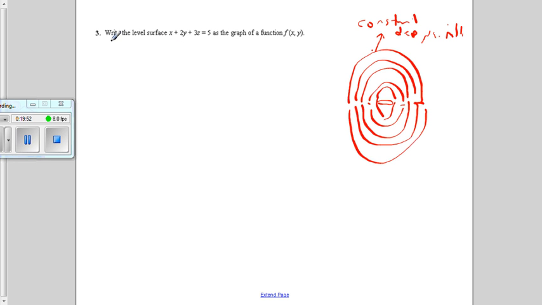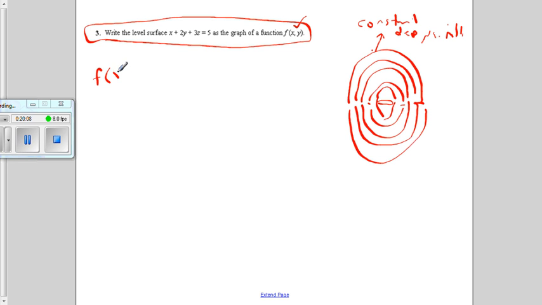All right, well, let's just go down to a simplified problem. It says write this level surface as the graph of a function f of x, y. So here's a level surface. Our function f of x, y, z equals x plus 2y plus 3z. We want to look at the level surface where this function equals 5. So this is a four-dimensional system, and it's a level surface where every value equals 5.